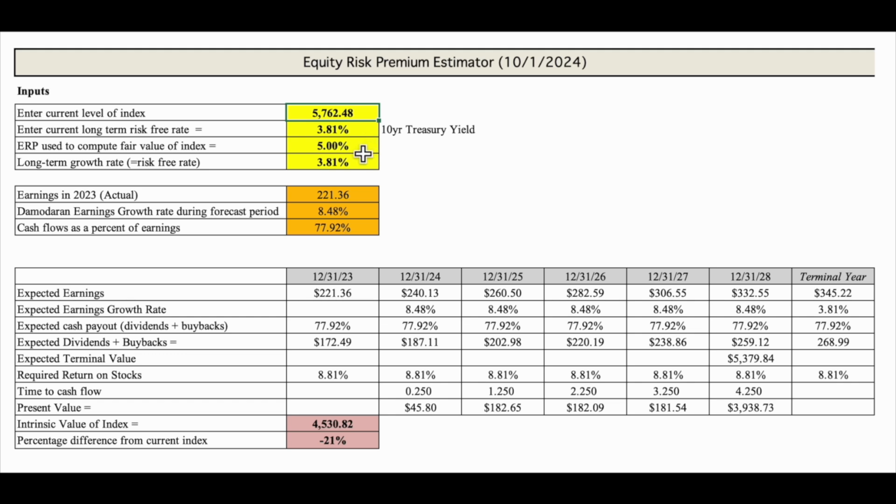The next number is the equity risk premium. And don't take this 5% as an answer. That's a plug. I just put it in. You'll see how this works as we go forward. But the equity risk premium is the amount of added expected return that investors require to hold common stock, given that they could get 3.81% in the risk-free asset.